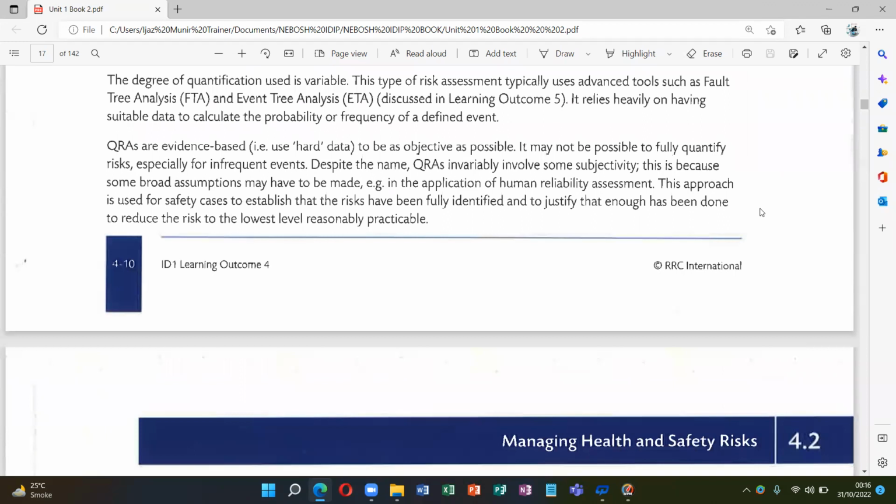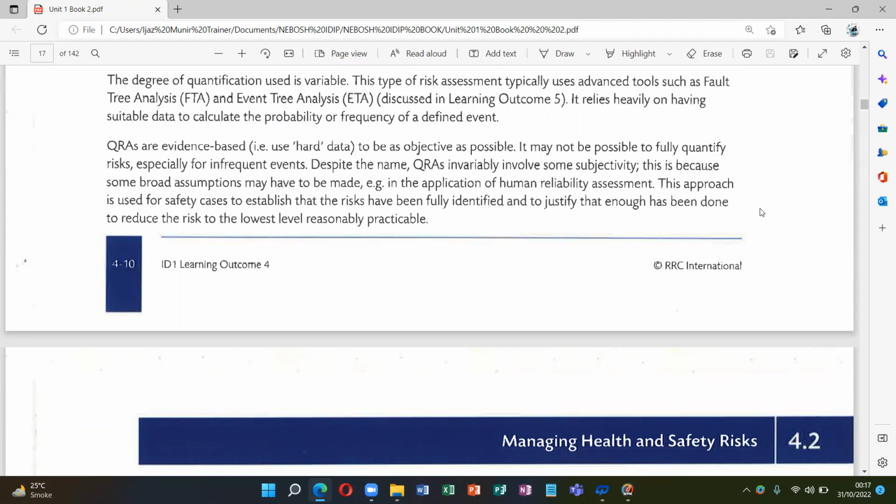The degree of quantification used is variable. This type of risk assessment typically uses advanced tools such as fault tree analysis, FTA, and event tree analysis, ETA, discussed in learning outcome 5.